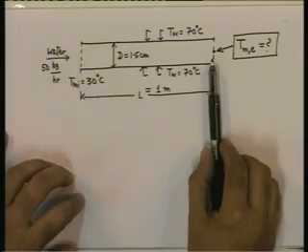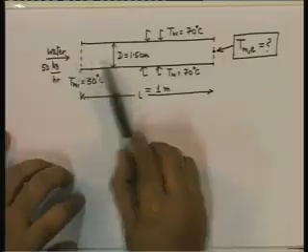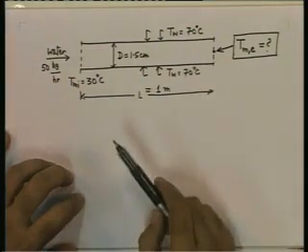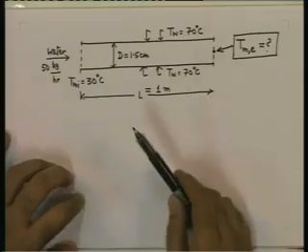Now, for determining the average heat transfer coefficient over the length, we will have to use properties at the bulk mean temperature, that is the inlet temperature plus the exit temperature by 2, that would be the bulk mean temperature. Now, the exit temperature is not known. So, we will have to estimate the bulk mean temperature to start with.